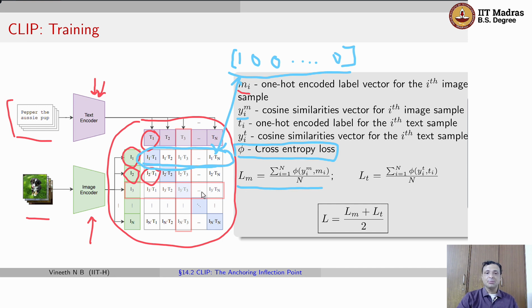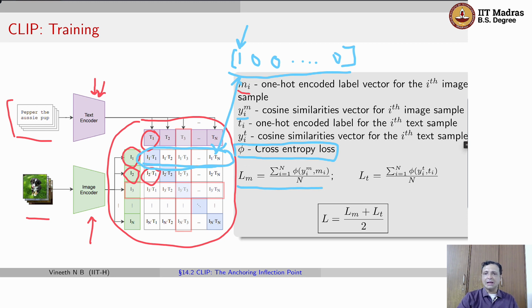In other words, we want this first row, assuming I1 and T1 are the matching pairs, we want the first row to resemble a one hot vector with 1 in the first column. We similarly want to do the second row with 1 in the second column, the third row with 1 in the third column, and so on and so forth. This is one thing that we'd like to do.